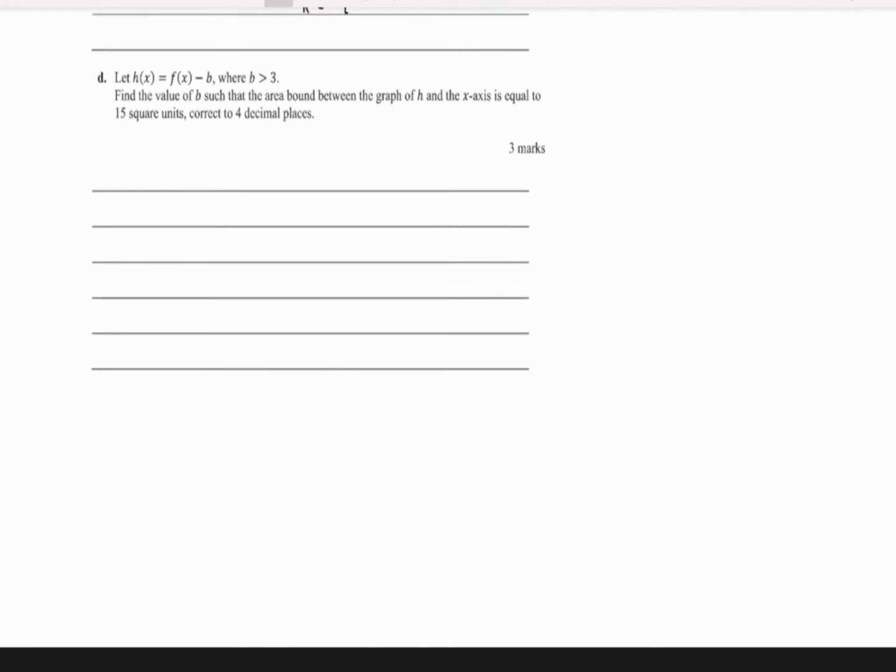Part D, first find the x-intercepts of h of x.